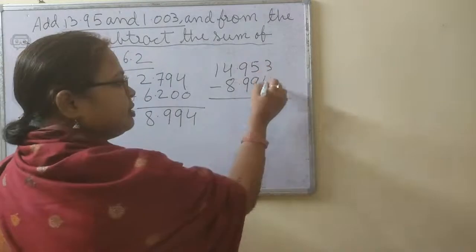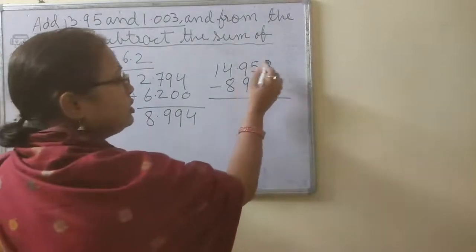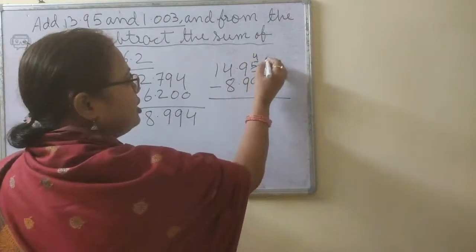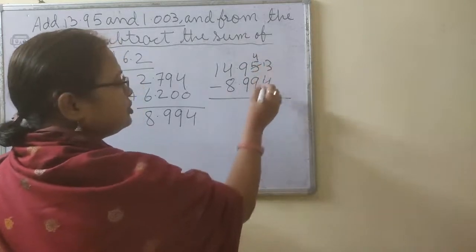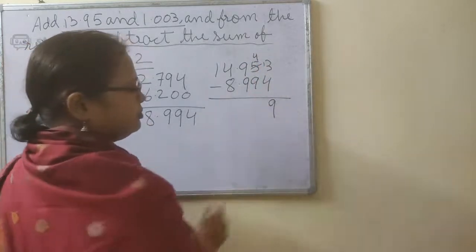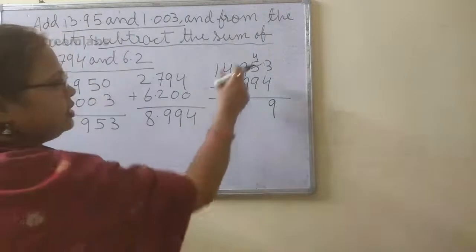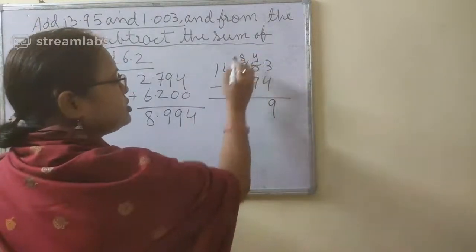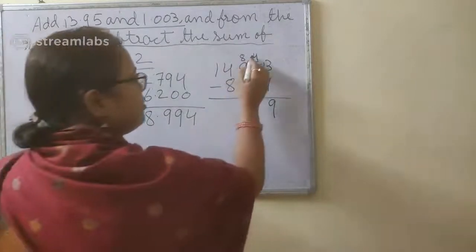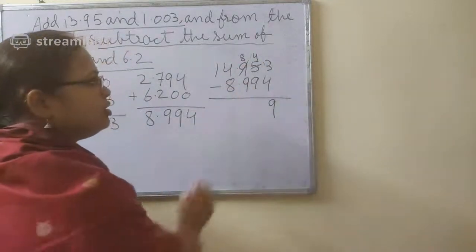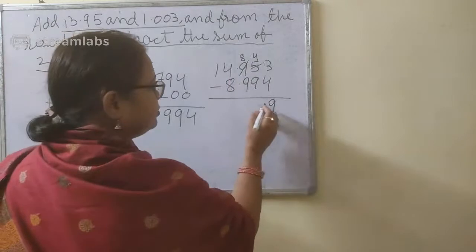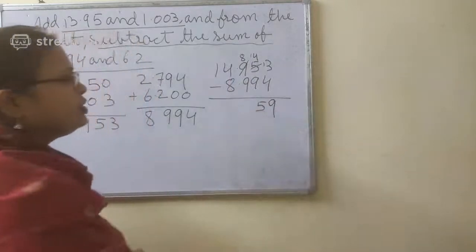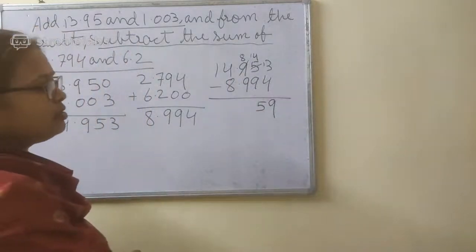So 3 minus 4 we can't subtract, so 13. This will become 4, and this will become 13. So 13 minus 4 is 9. Then here 4 minus 9, not possible. So we will take 1 from this. This is 8, so when you take 1 from this, it will become 14. 14 minus 9 is 5.